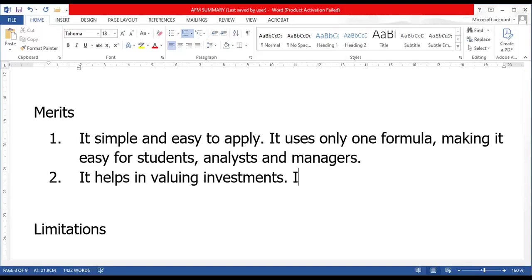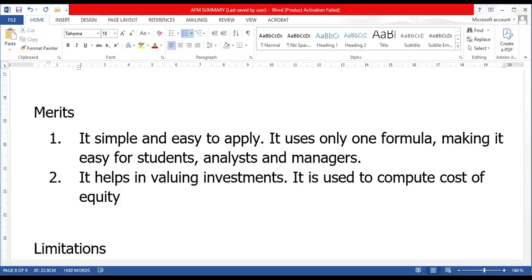For example, it is used to compute the cost of equity. You know that when we are computing the cost of equity, we can use the CAPM formula or Gordon's model.